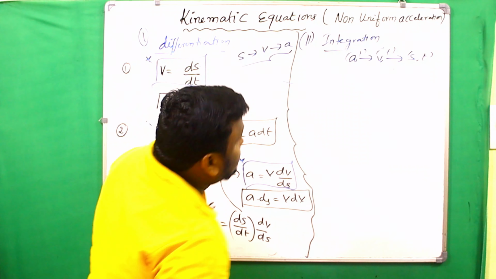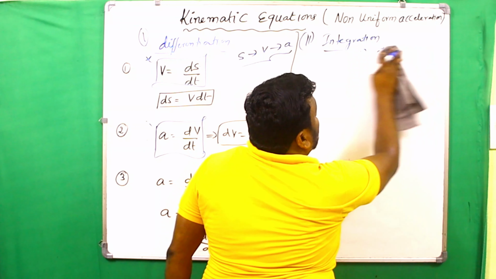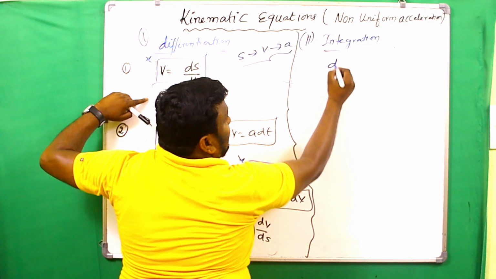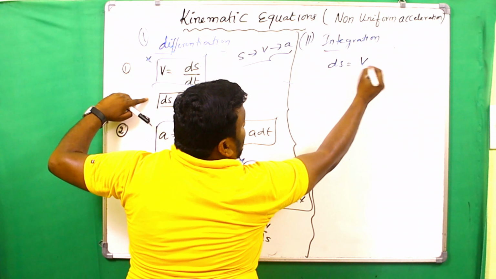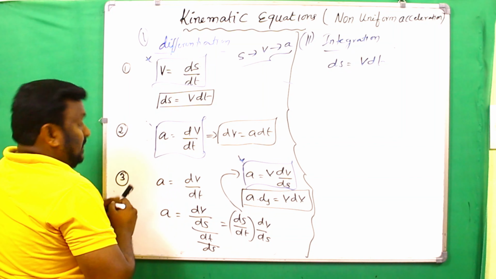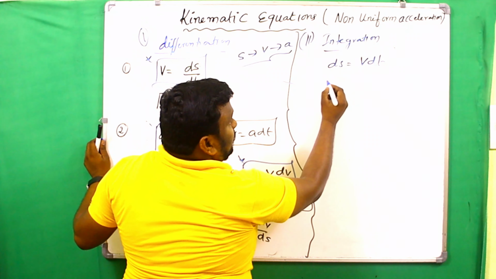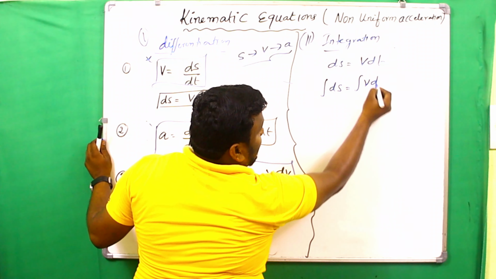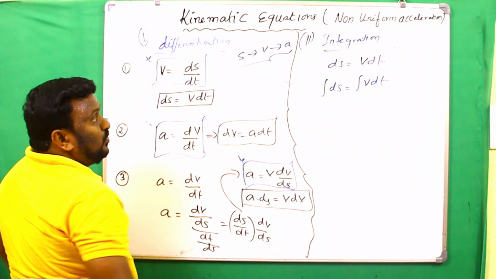So how these equations can be written in the form of integration, let's see. The first thing here: ds = v dt. So simply we are integrating on both sides like this, ∫ds = ∫v dt. Clear?